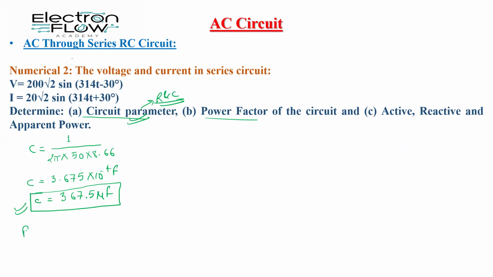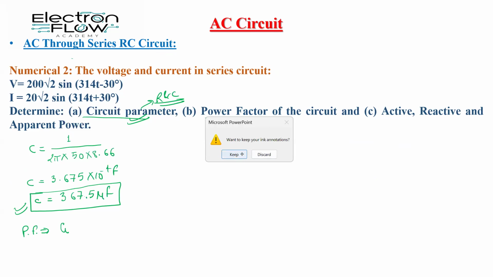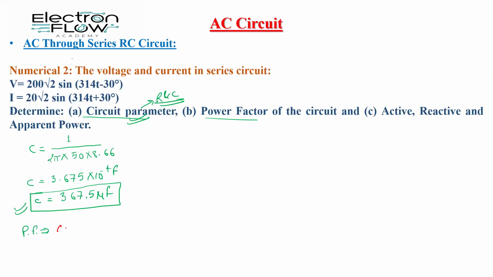So the power factor is cos of 60 degree, which is equal to 0.5 leading. So the second point, the power factor of the circuit, is also calculated.